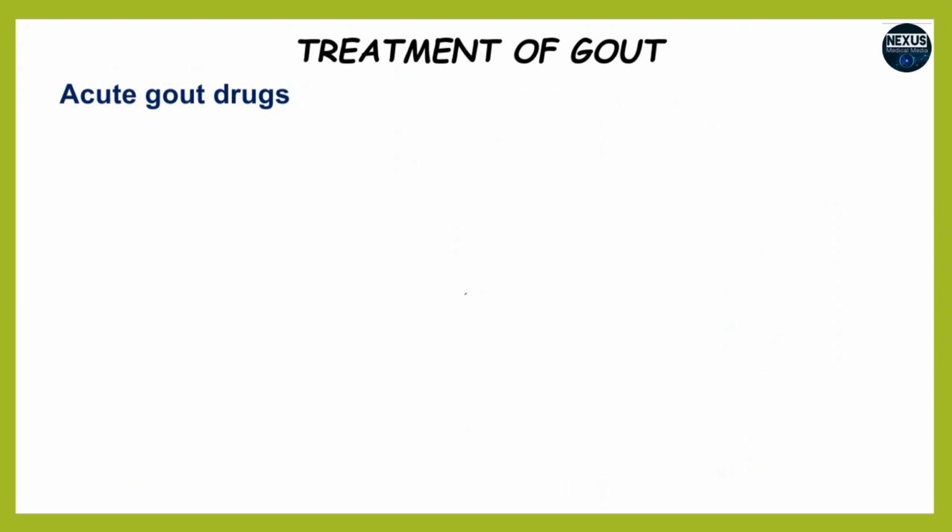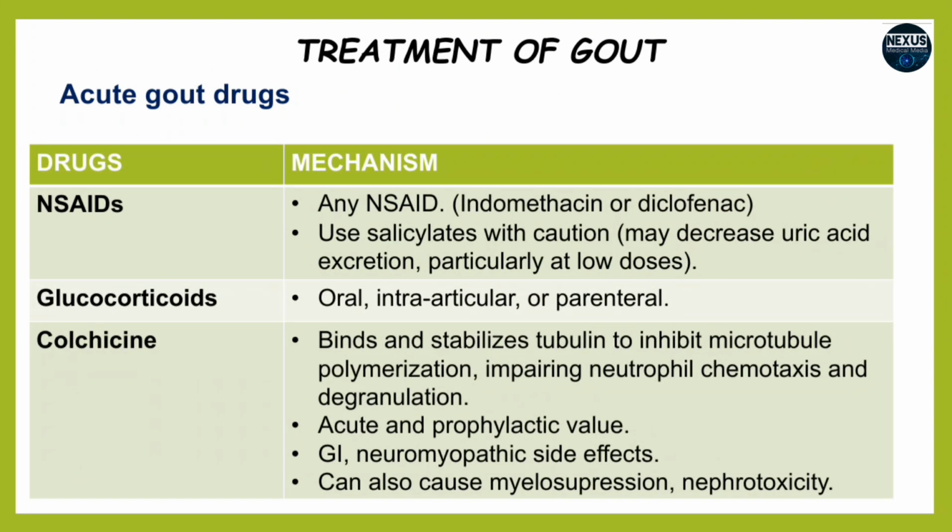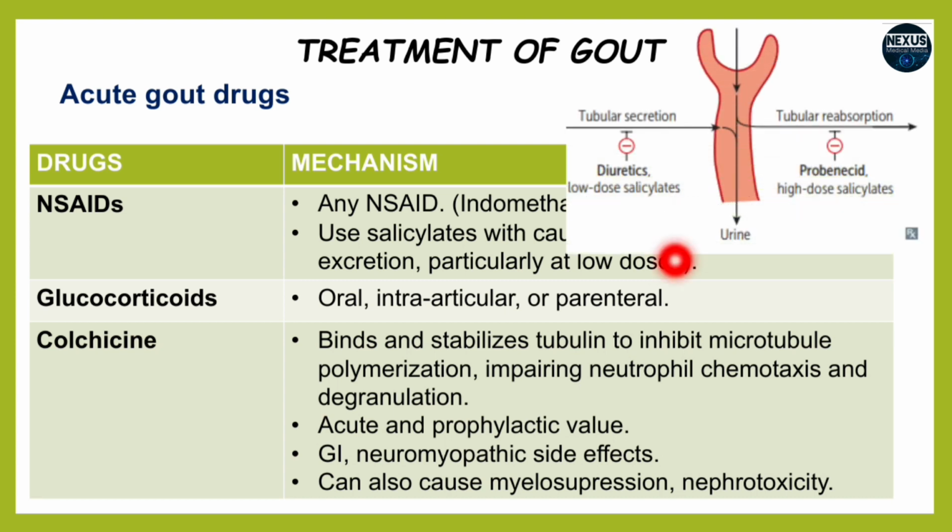Next, let's look at acute gout drugs. Right, so these drugs, 3 groups: nonsteroidal anti-inflammatory drugs, NSAIDs. Right, so we can use any NSAID, like indomethacin or diclofenac. You may use a salicylate, that's aspirin, but use it with caution because it may decrease uric acid excretion, particularly at low doses, as you can see here, right?